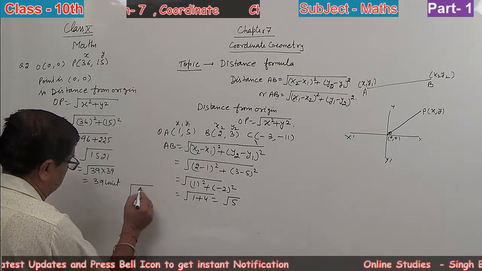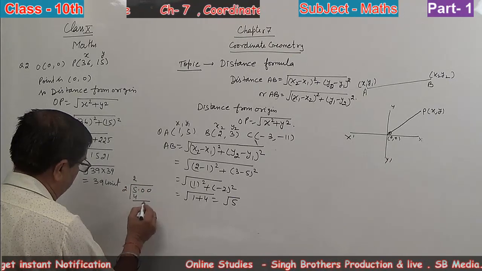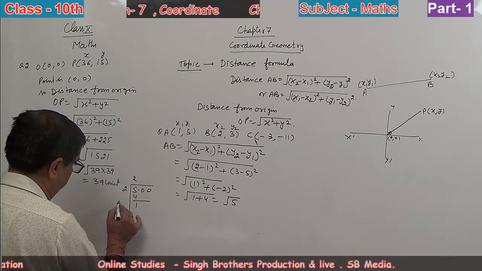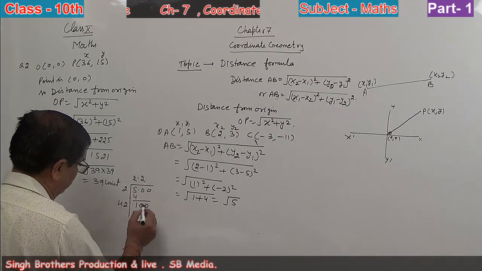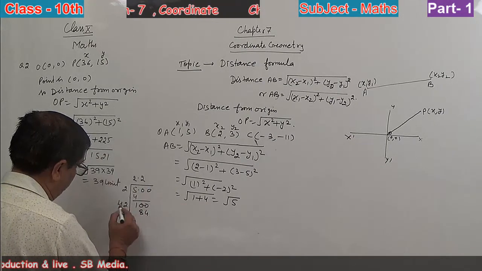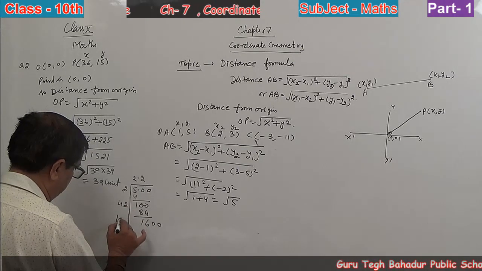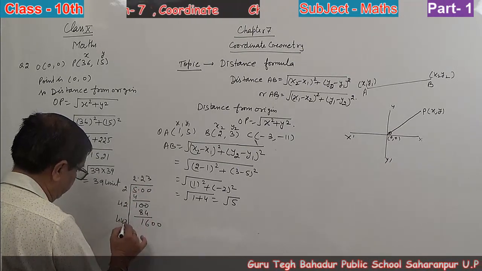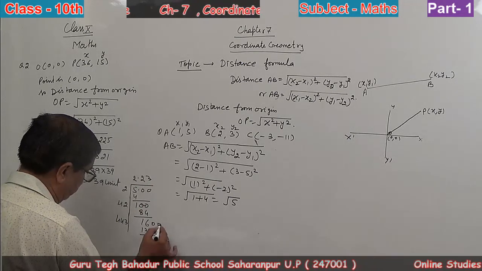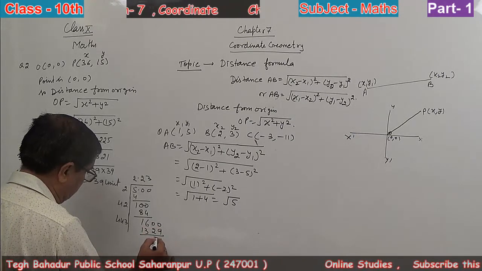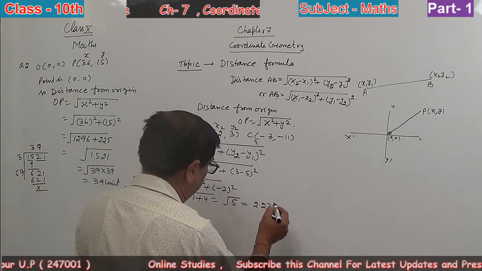Taking the value of root 5 up to 2 places, this is approximately 2.23.